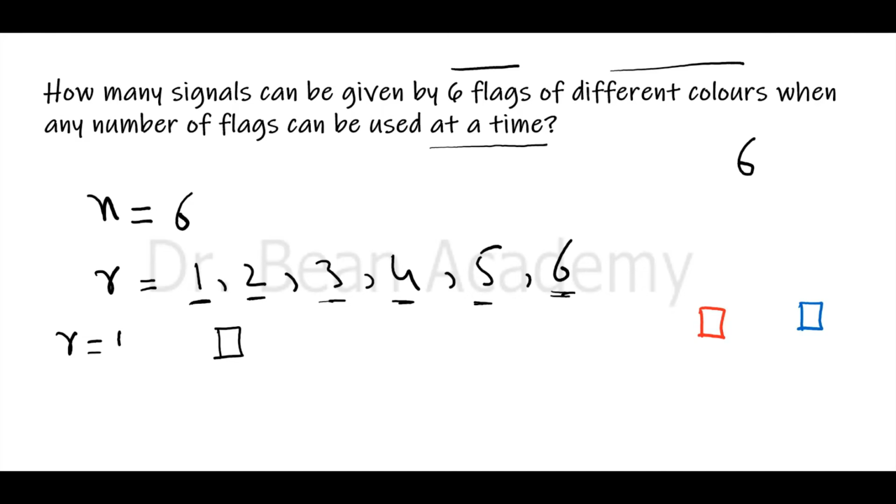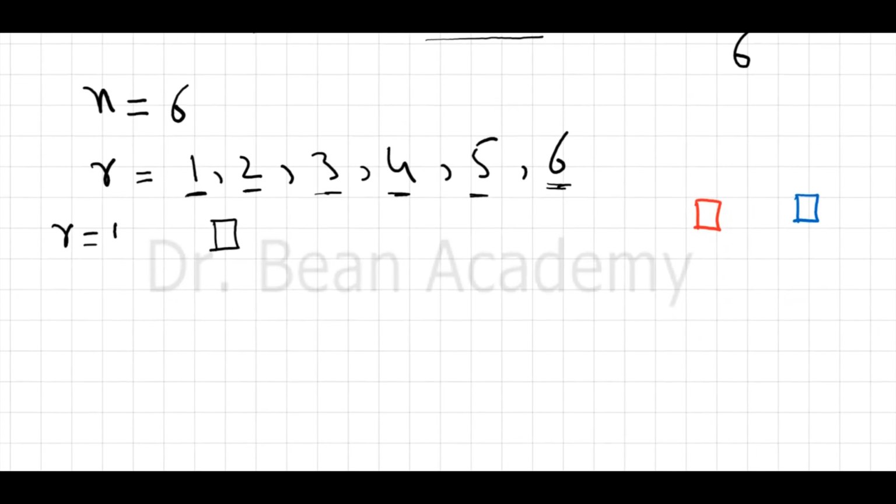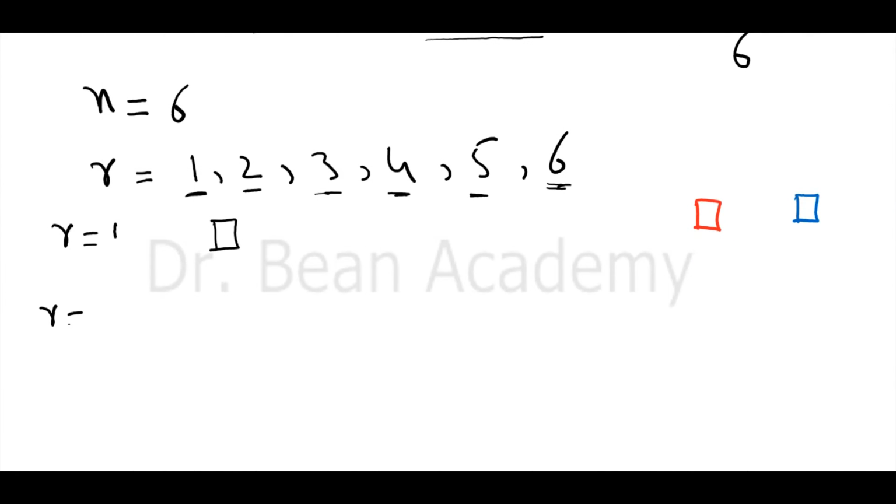So when you take R is equal to 1, it will be NPR, 6P1, and my calculator tells me it's 6 as expected.